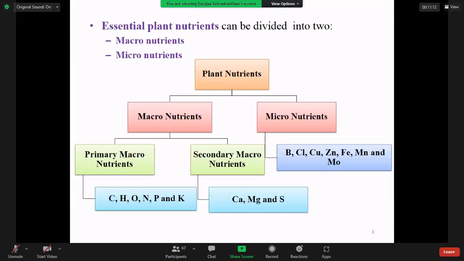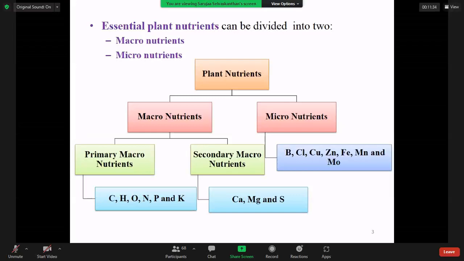The nutrients needed at less than 0.01 percent by the plant. Yes, good. These are the nutrients which are needed by plants in smaller amounts. Macronutrients can be further divided into primary macronutrients and secondary macronutrients.